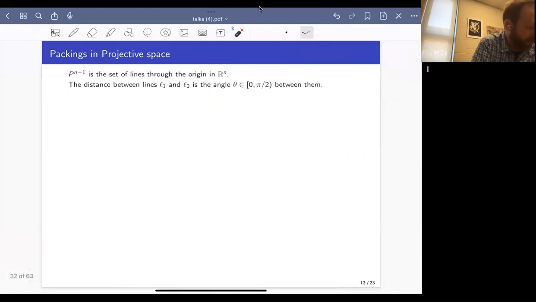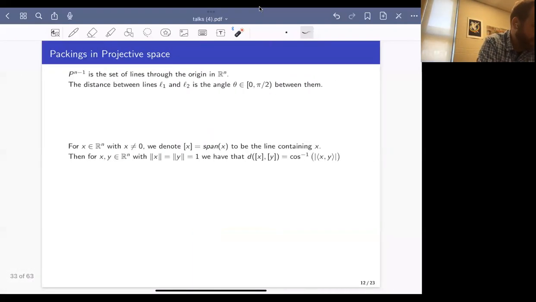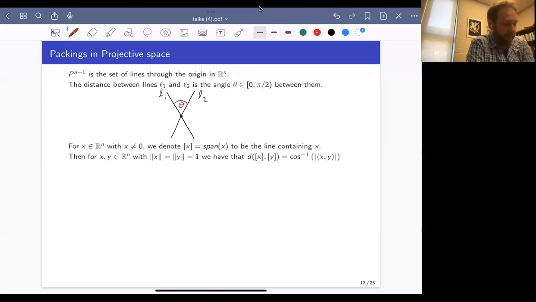So let's look at specifically packings in projective space. So n-1 dimensional projective space is the set of lines through the origin in Rn. And so if I have two lines through the origin, say this is L1, this is L2, the distance between those two lines in projective space is just going to be the smallest angle between them.